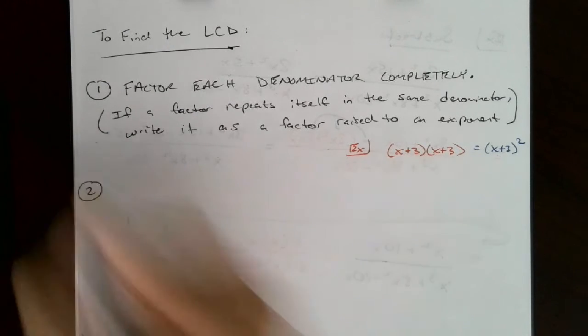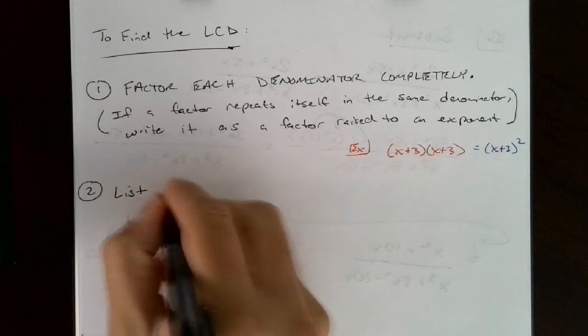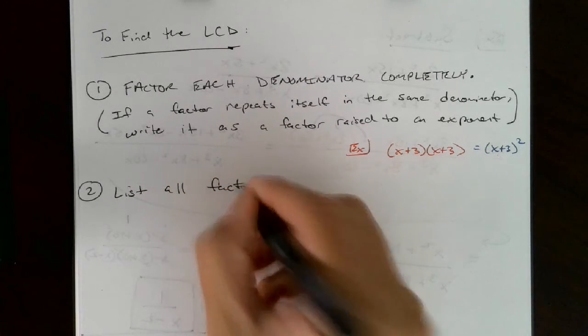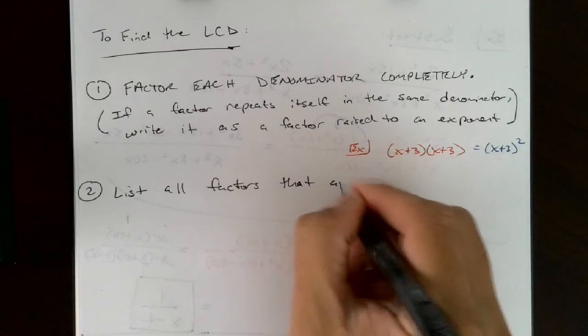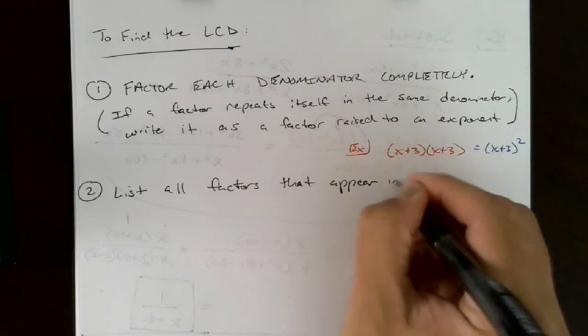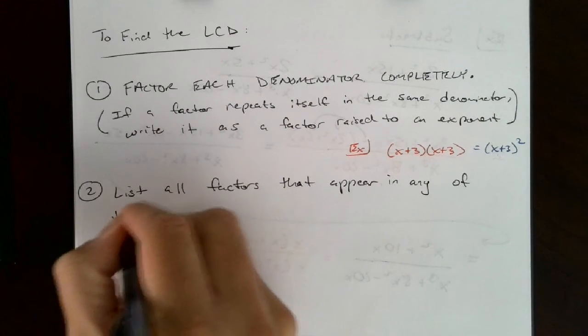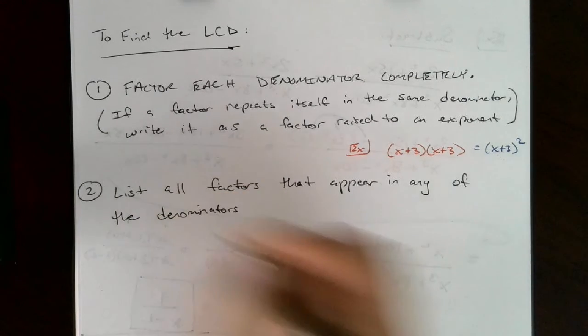All right, the second step is you want to list all factors that appear in any of the denominators.